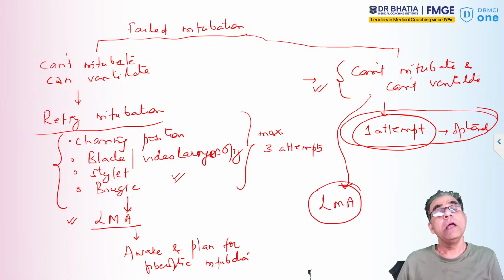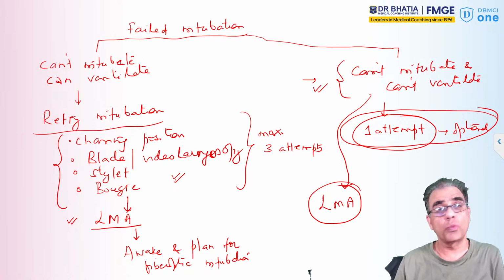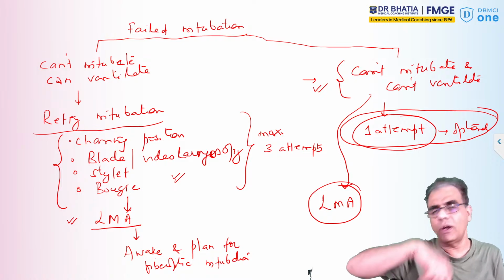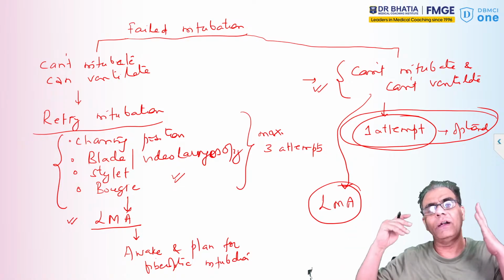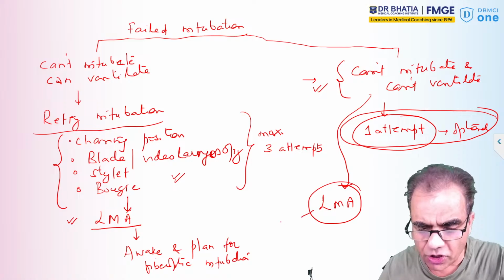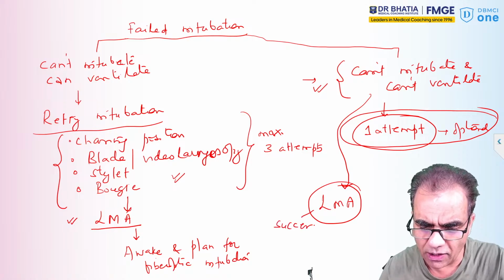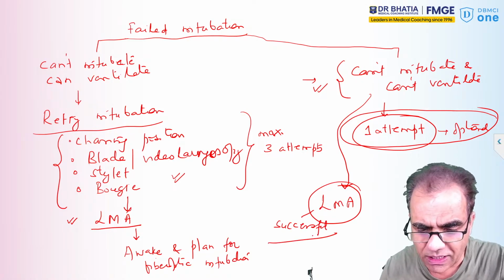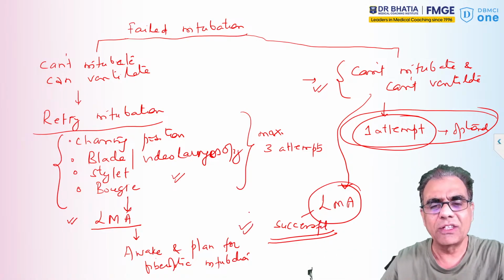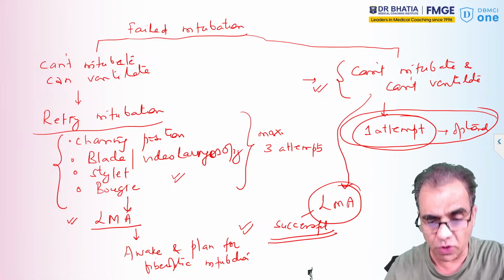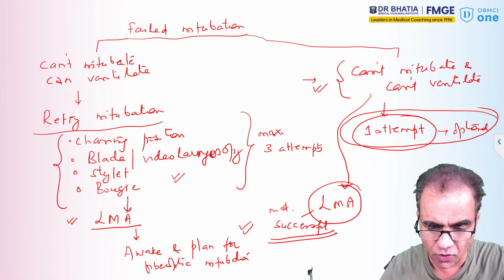LMA, laryngeal mask airway, is a supraglottic device. If you're not able to intubate, you can place a laryngeal mask airway and ventilate. Mostly you will be successful. This is a common scenario we see: not able to intubate, put LMA and ventilate. So at least the problem of ventilation goes.